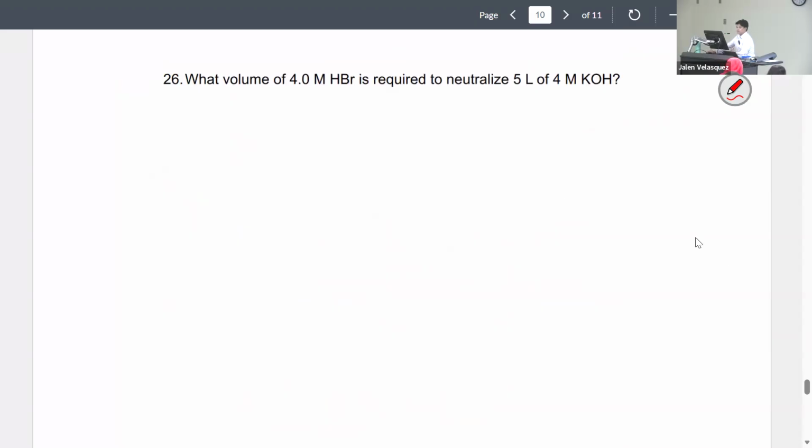26 here. So she just touched on this a little bit yesterday in class. This is one of those solution stoichiometry problems, also known as titration. So just the general breakdown synopsis of titration. You've probably seen videos of titration before. It's like when you have a beaker and you're adding something with a burette. It's like that glass, skinny tube, right?